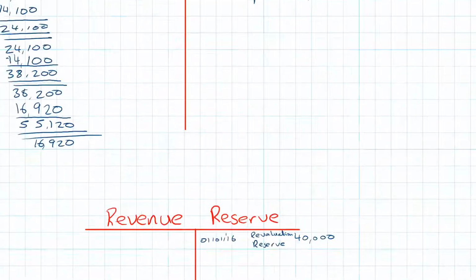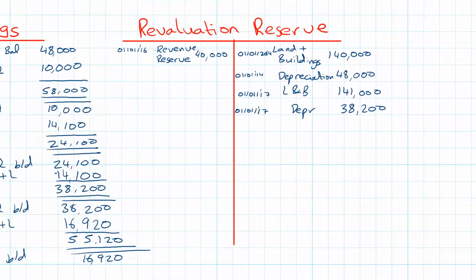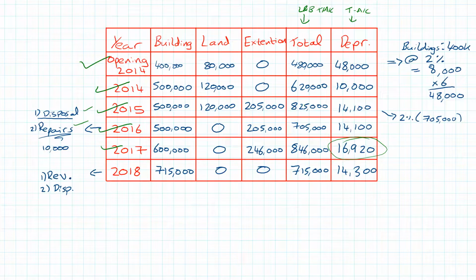However, we need to do a revaluation reserve. So how much did we revalue those buildings? So we started off with 205. We went up to 246. That's an increase of 41,000.